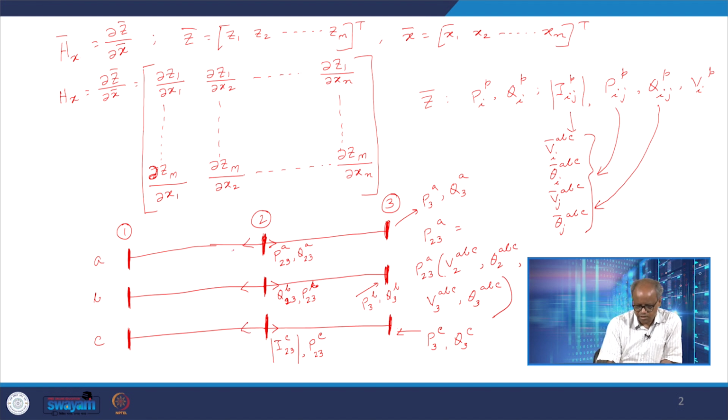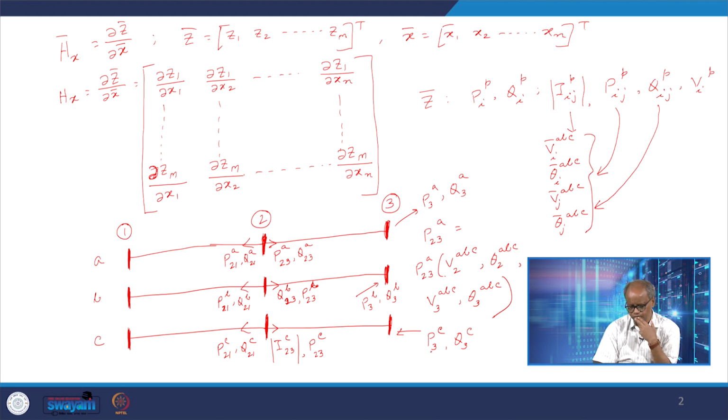Let us say this is P21A and Q21A, P21B, Q21B, and P21C, Q21C. So suppose these are the 18 measurements I do have.